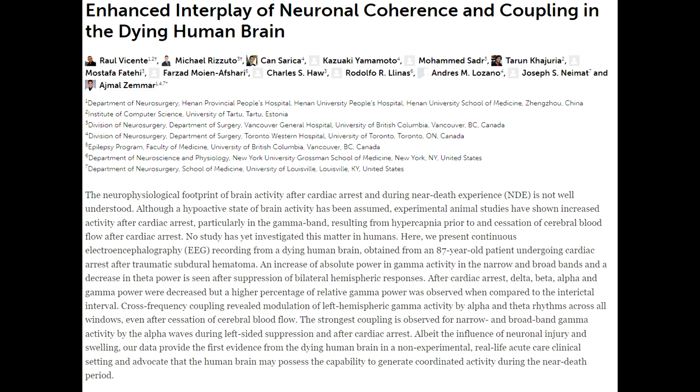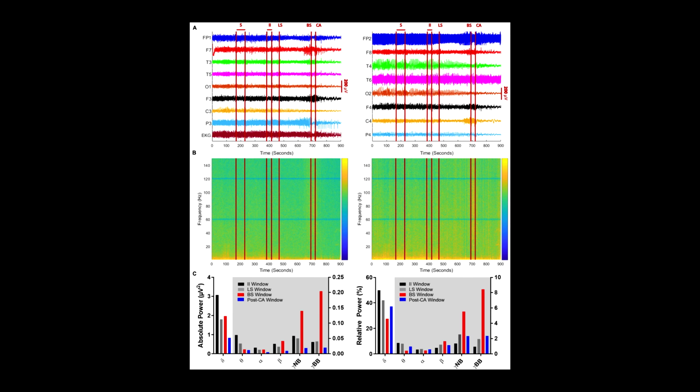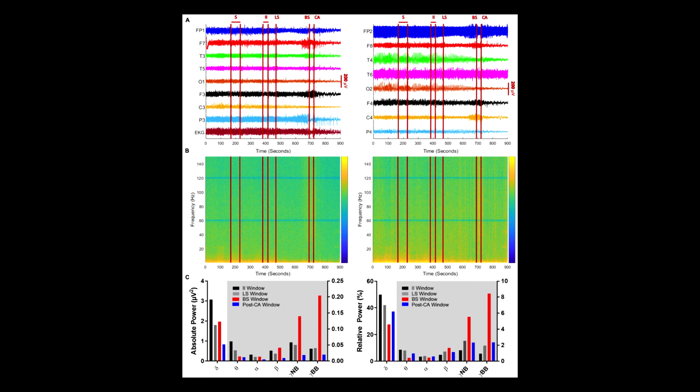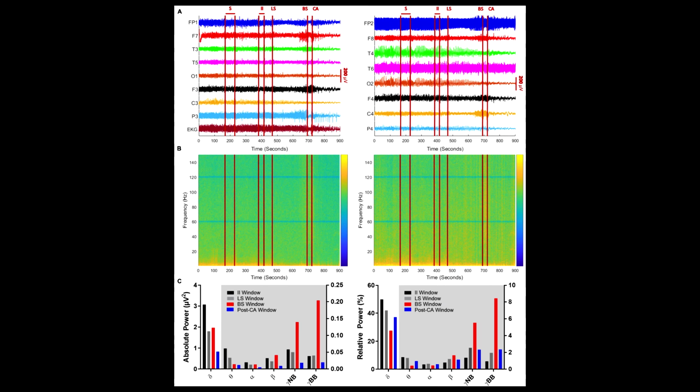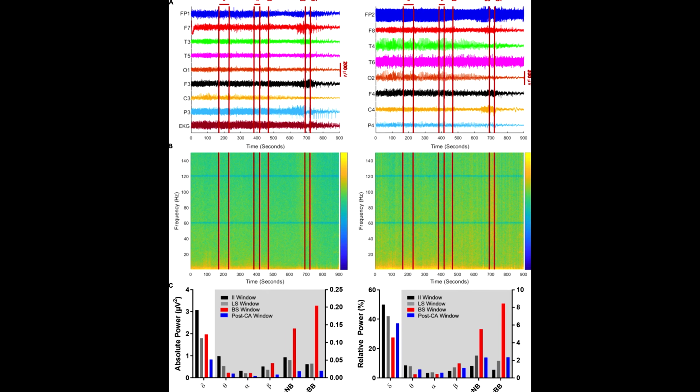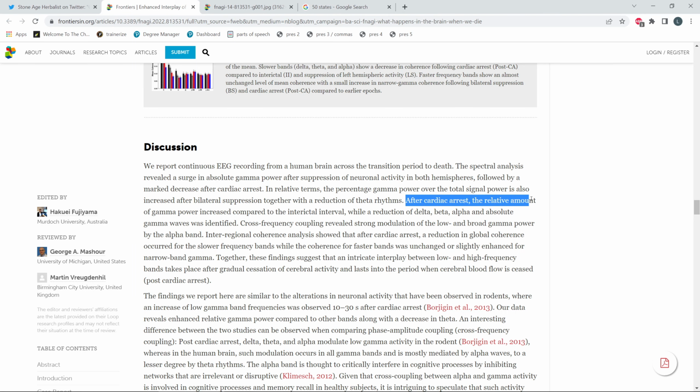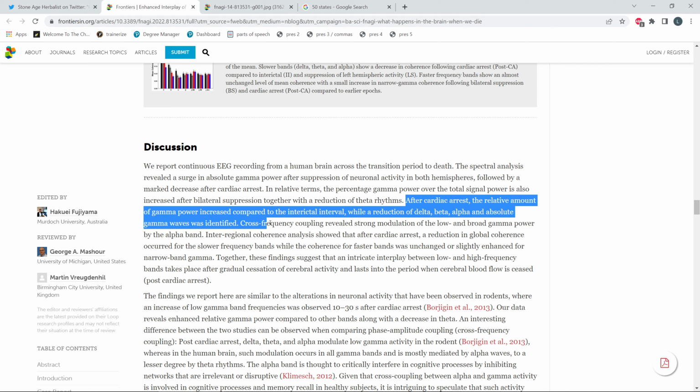In a rare insight into the process of death, an article from February of 2022 reported the results of an EEG recording from a dying human brain. They noted a surprising amount of coordinated brainwave activity, even after blood flow to the brain stopped. According to the report, after cardiac arrest, the relative amount of gamma power increased compared to the interictal interval, while a reduction of delta, beta, alpha was identified. Cross-frequency coupling revealed strong modulation of the low and broad gamma power by the alpha band.